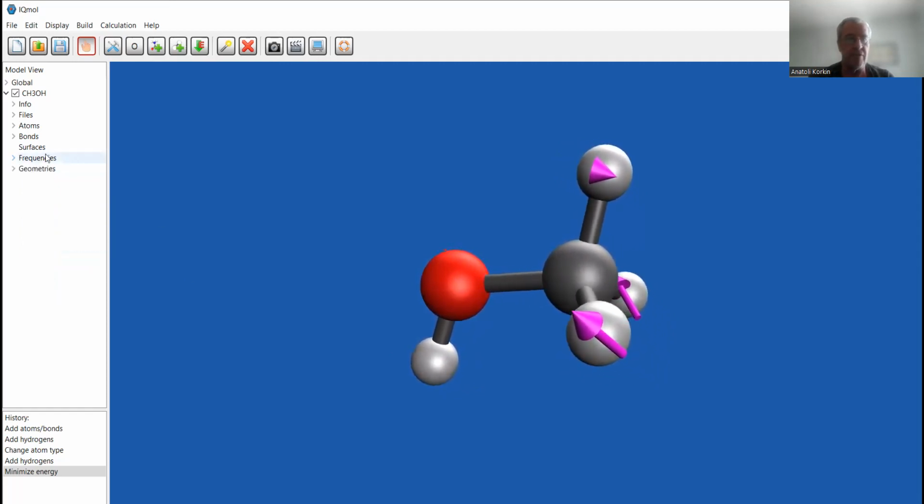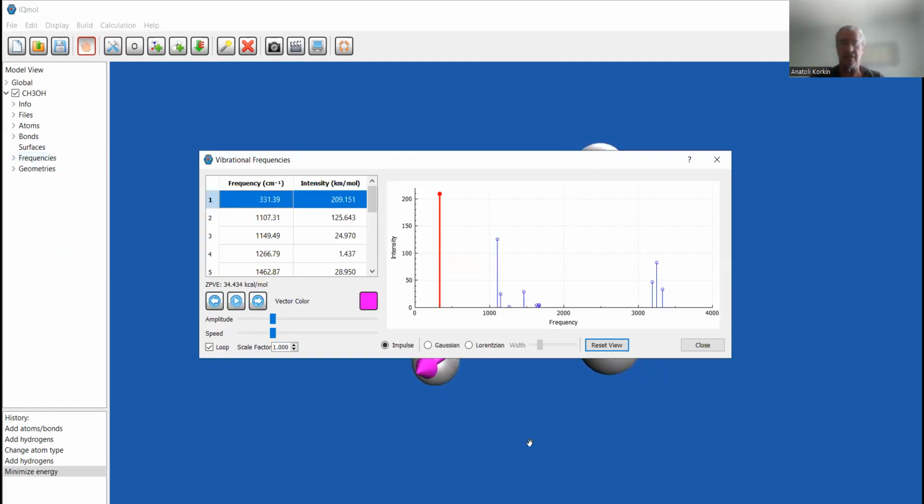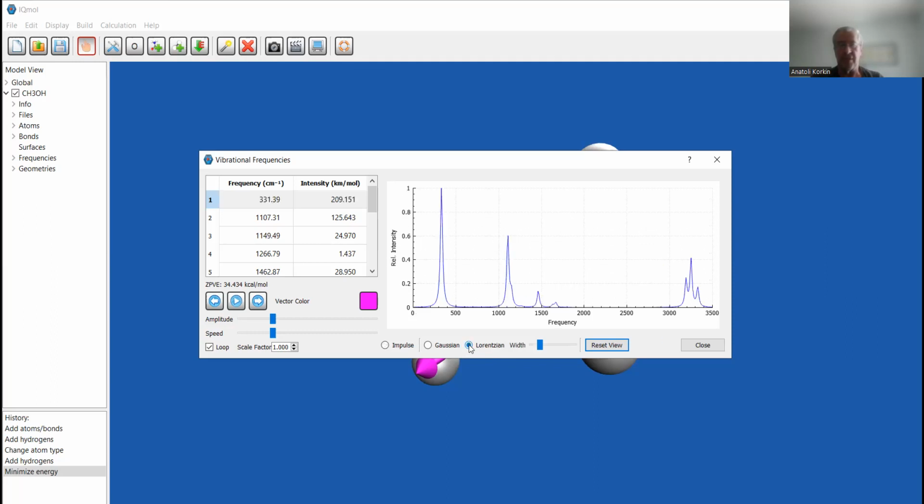Now if you click on the frequency, we will see the spectrum. The height shows the intensity of the band, and the position is the energy of the band. If you want to see the real spectrum, which would be broadened by temperature, we can see the infrared spectrum of the molecule.